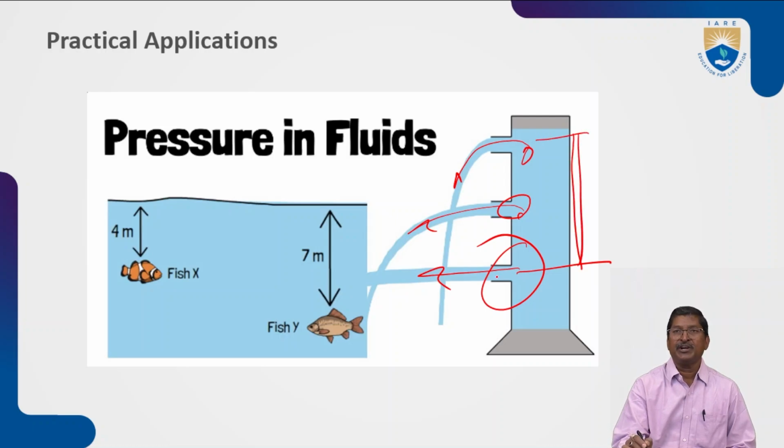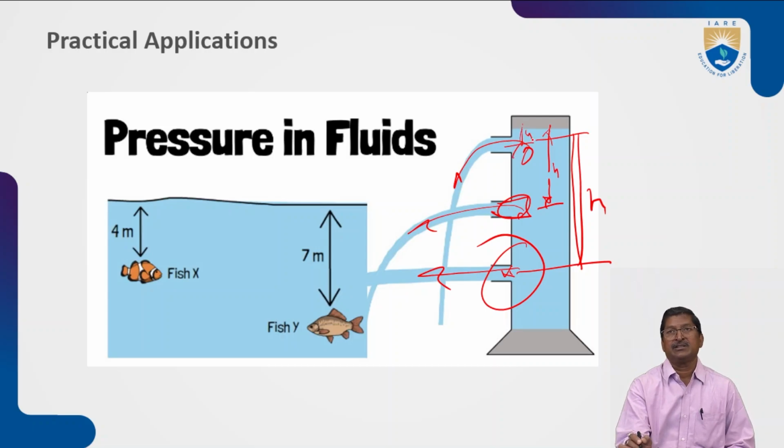If you take this point, the height of the fluid is more here, so it has more pressure. If you take this point, the height is less compared to the top surface of the fluid, so with lesser height, the pressure is less. Here, it is a very small height, so the pressure is very low here.